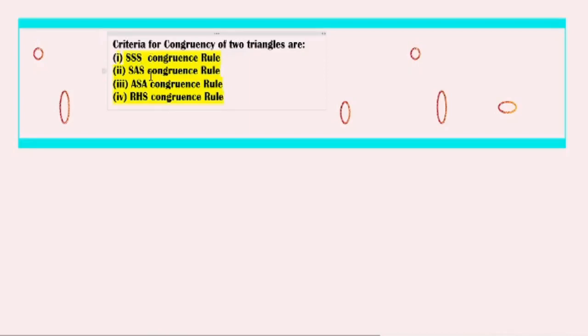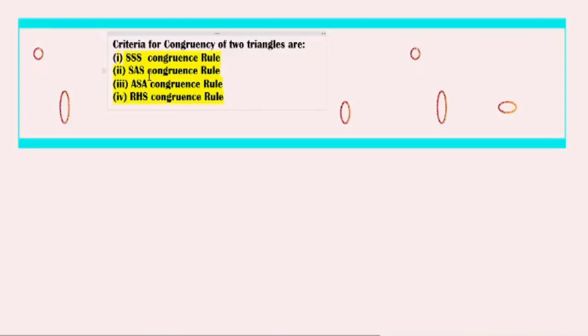Second criteria SAS, side, angle, side. And third one ASA, angle, side, angle. And fourth one RHS congruence rule. And the fourth condition is for right angle triangles.